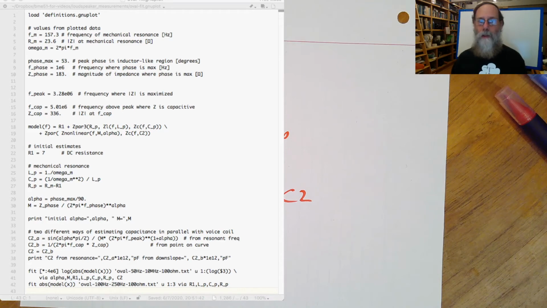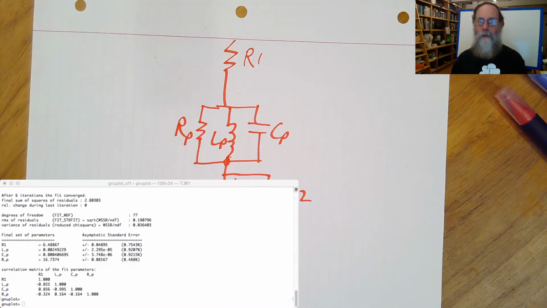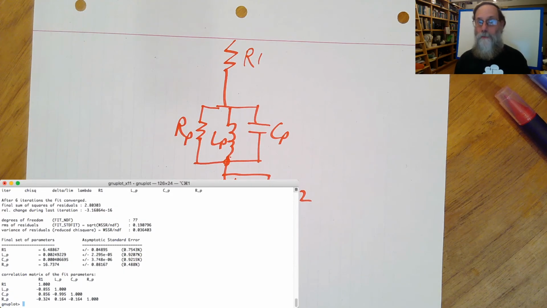So let me go and look at the GNU plot terminal and just load that plot. It does a bunch of fitting.